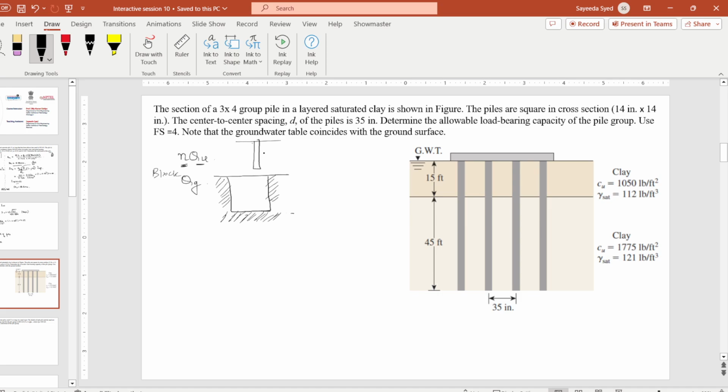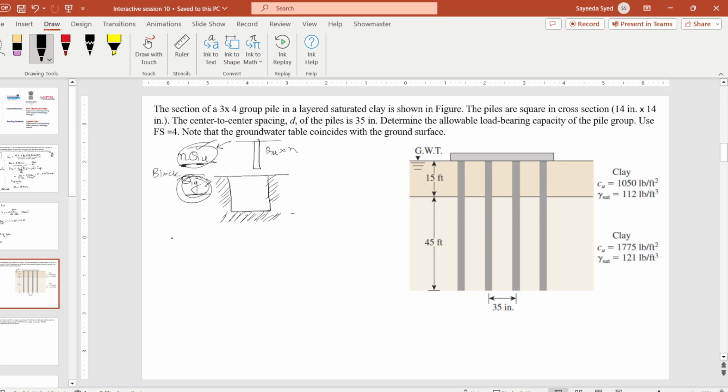So whichever is lower of the two, that will be the strength, because obviously if Qn is lower than Qg, till Qg is reached, the pile group will have failed due to the n times Qu load, and if Qg is lower than n times Qu, by the time n times Qu is reached, the whole pile group will have failed in block failure.